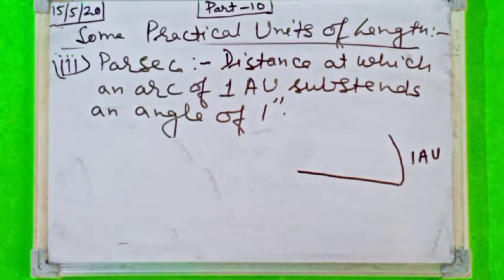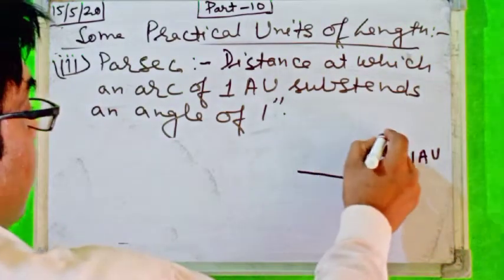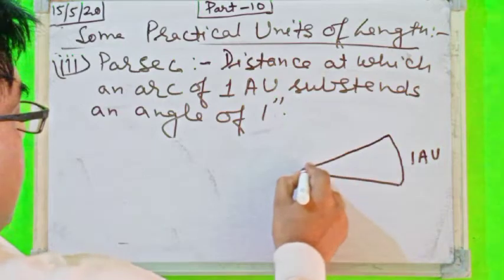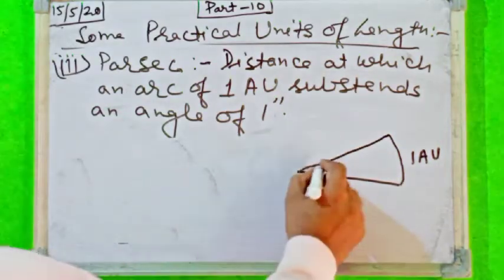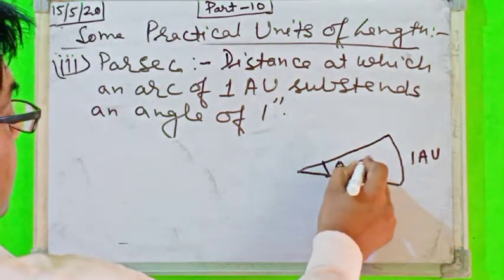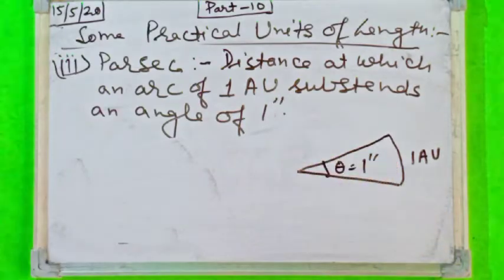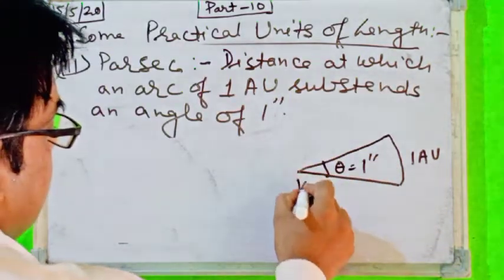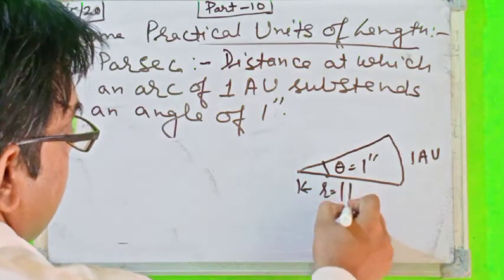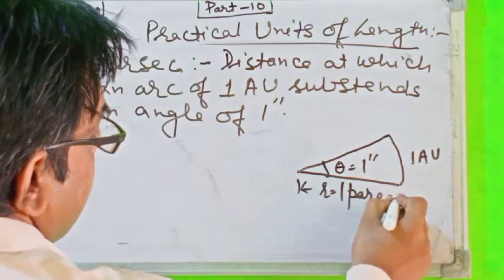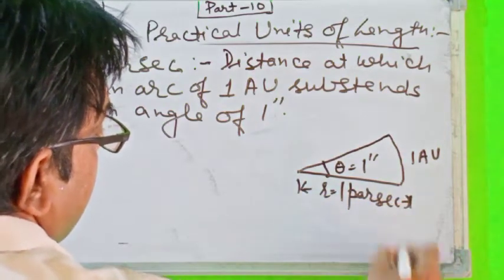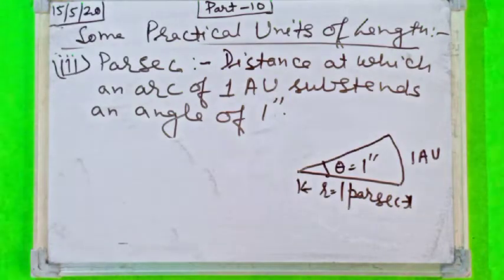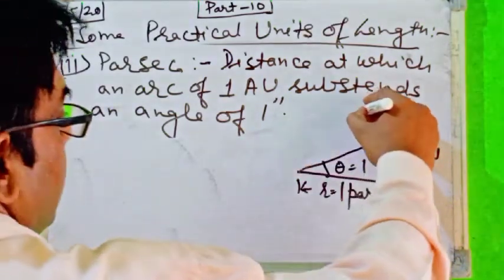1 astronomical unit, and it is subtending theta equal to 1 second. Then this distance r is equal to 1 parsec.